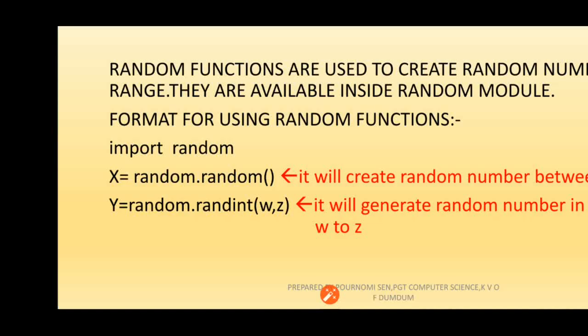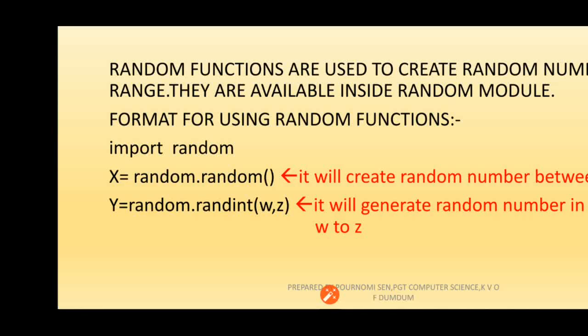So we are writing first import random. Here we are importing the random module in our program, and then we have taken a variable x equals random.random. We are writing it twice, random.random. Why so? Because the first random denotes the module, then the dot.